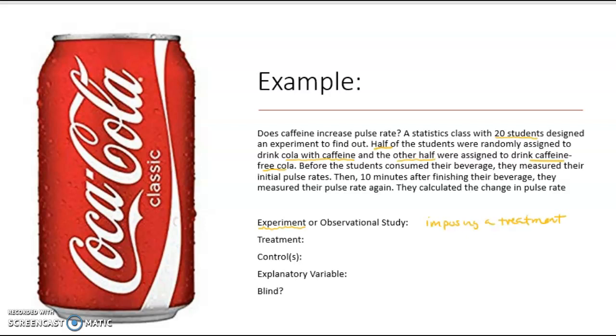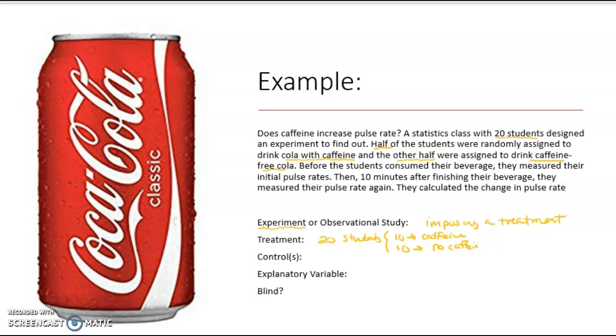All right, so what was the exact treatment? So we had to lay out the plan here. So 20 students total. I'm going to start here. So we got 20 students. And then we're going to split them up. So that means 10 are going to be getting the caffeine. And the other 10 are going to be getting caffeine free, or I'm just going to put no caffeine.